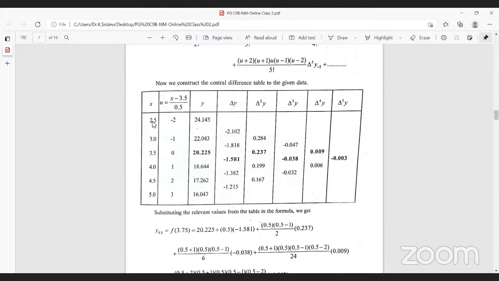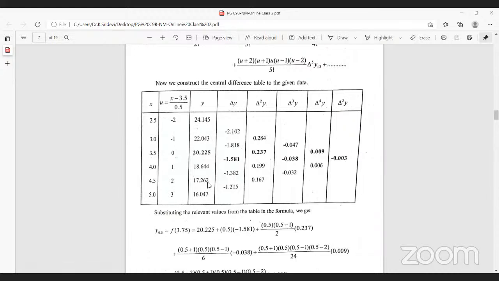So for 2.5, u is minus 2. For x equal to 3.0, u is minus 1. For x equal to 3.5, u is 0. For x equal to 4, u is 1. For x equal to 4.5, u is 2. And for x equal to 5, u is 3.